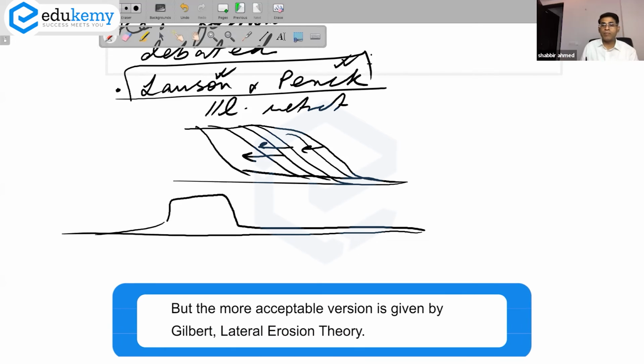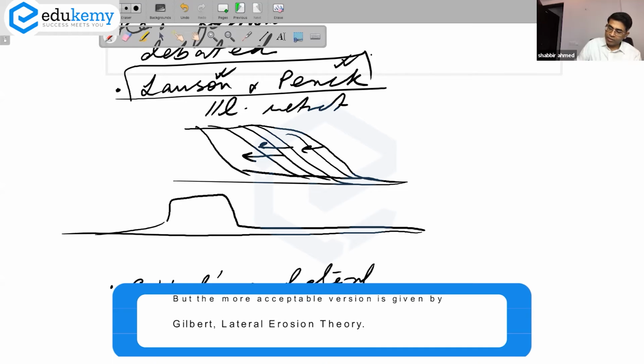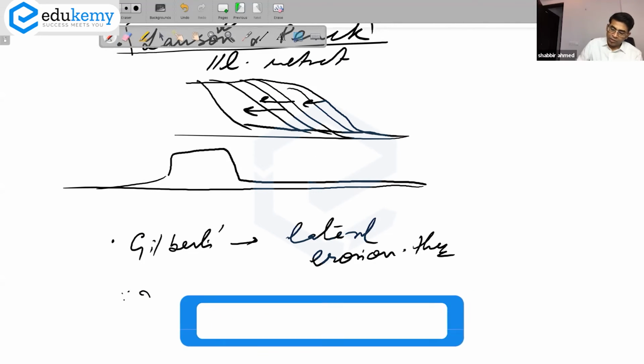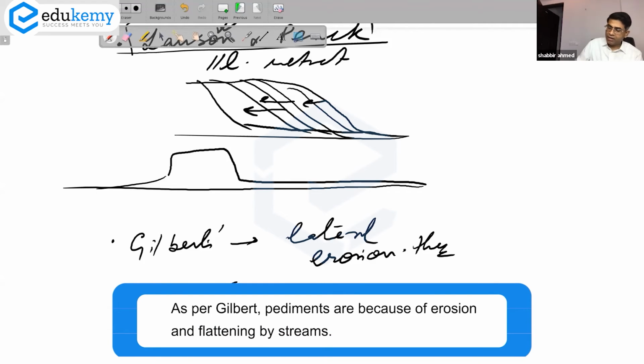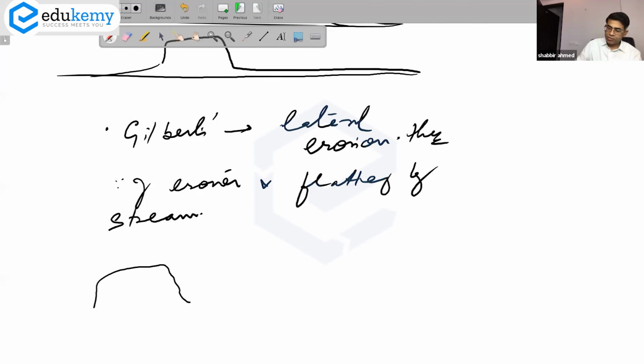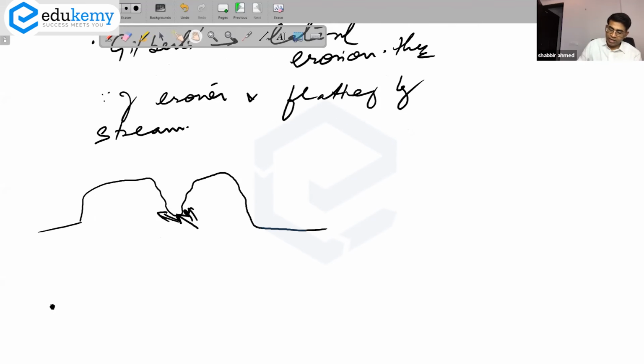The more acceptable version is given by Gilbert, the lateral erosion theory. Now what he's saying is that pediments are because of erosion and flattening by streams. So essentially, maybe this was a mountain area. There's some river here. The river starts eroding on both sides, slowly and gradually eroding the sides.